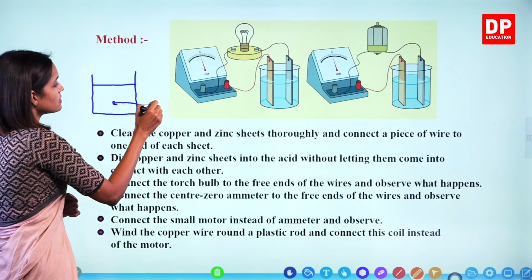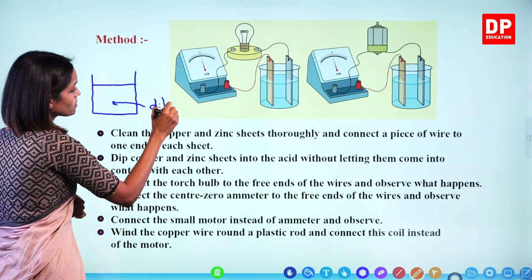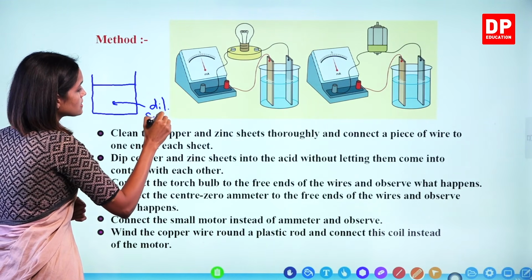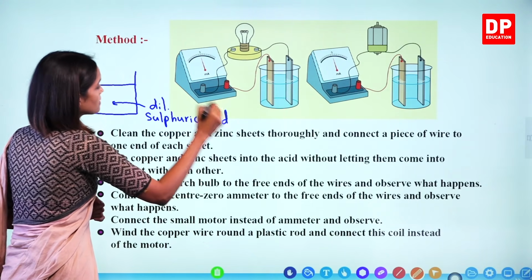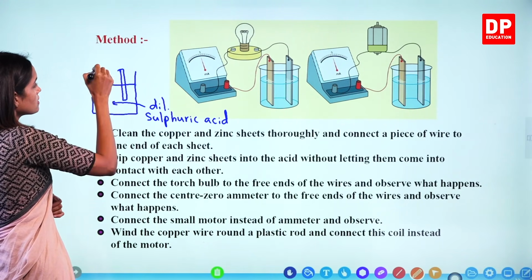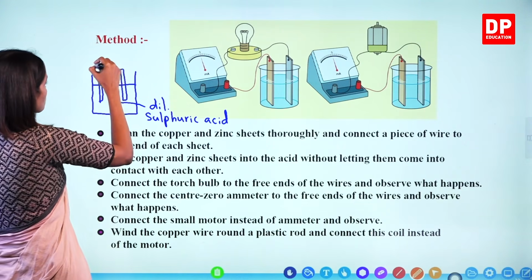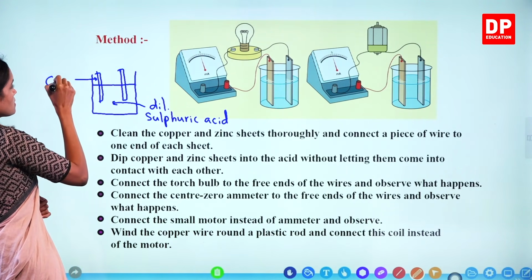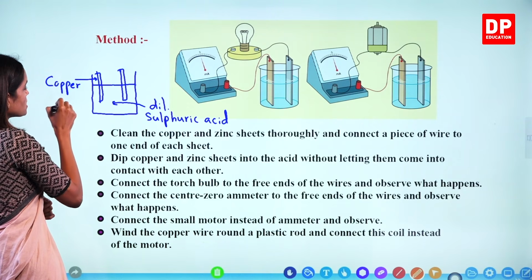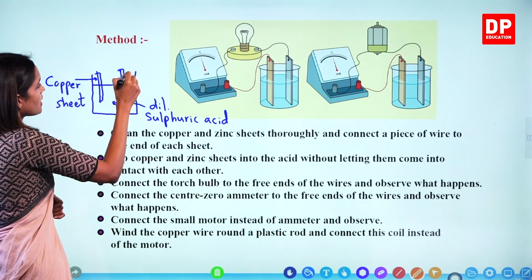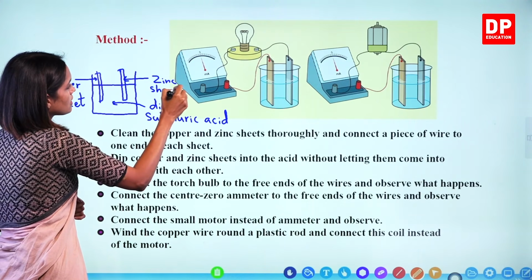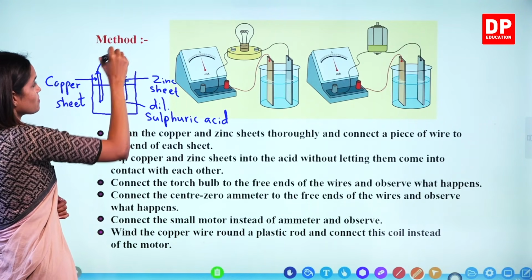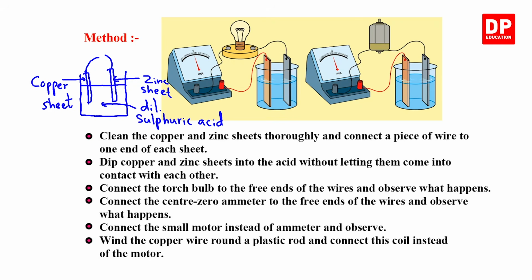I will write dilute sulfuric acid, and we have to use the copper sheet and the zinc sheet. And basically, this is the wire, and this is the basic structure of the simple cell.